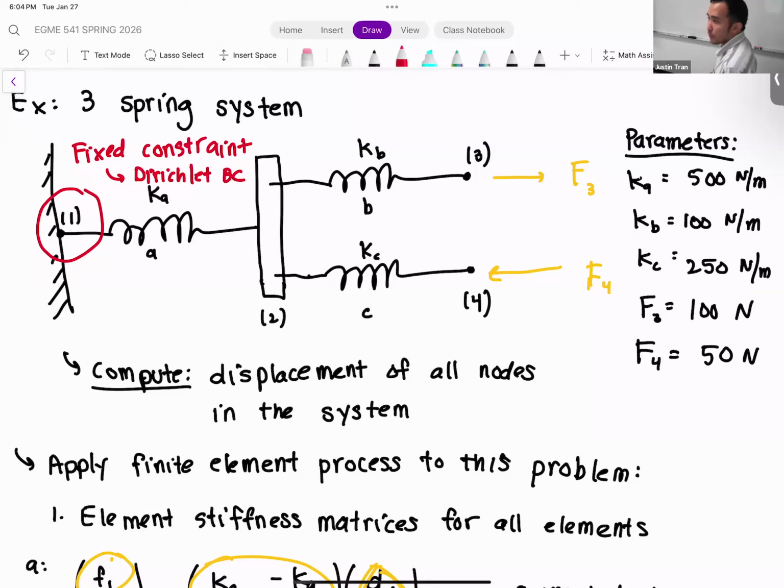And then for nodes 3 and 4, we have forces being applied. So we have loads being applied. On node 3, we have a force. In particular, it's a tensile force. Any kind of force boundary condition will lead to a Neumann boundary condition.